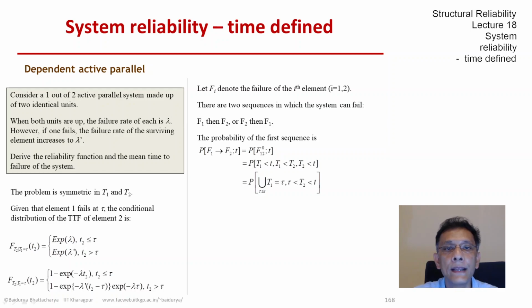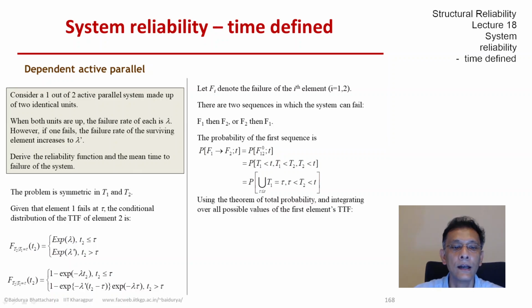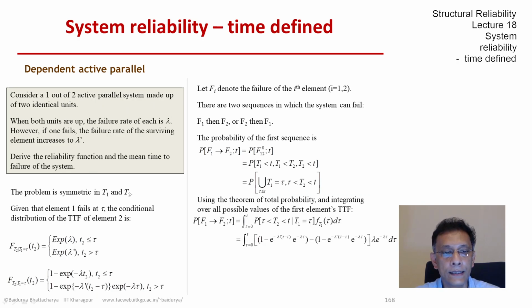Now we can bring in partition in tau, and we are going to use the theorem of total probability next. That should be obvious by now. So we fix T1 at all possible values tau up to t, because the system fails at t. And then we combine the limits on capital T2. On the left it is tau, and on the right it is t. So next we apply the theorem of total probability, and so the integral looks like this.